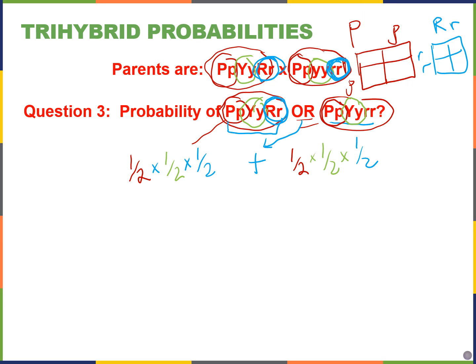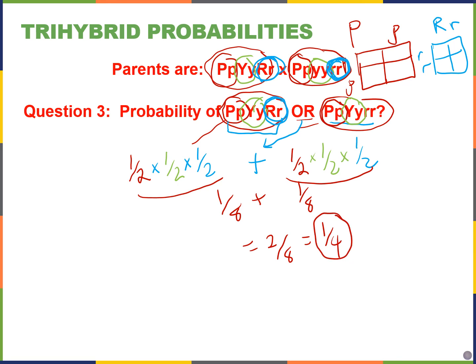So my answer is 1/8 plus 1/8. If I multiply these and add them together, I get 2/8 or 1/4. That's the chance of getting this offspring or this offspring from these two parents.